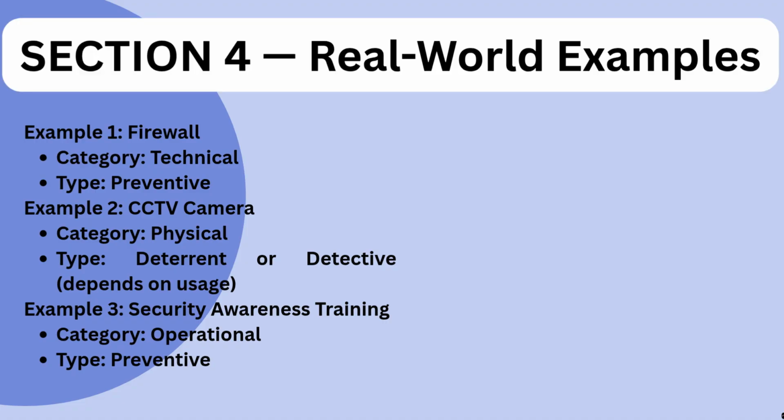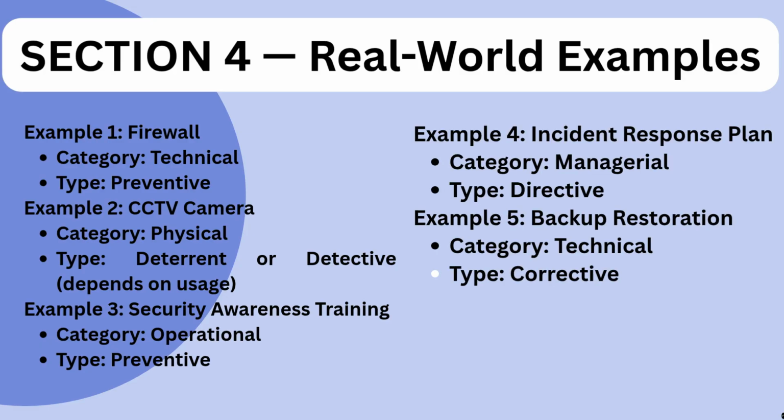Now let's map a few real world examples the way CompTIA expects you to think about them. First example, firewall. A firewall is a technical control and a preventive control. Second example, CCTV camera. A CCTV camera is a physical control. Depending on how it's used, it can be deterrent or detective.